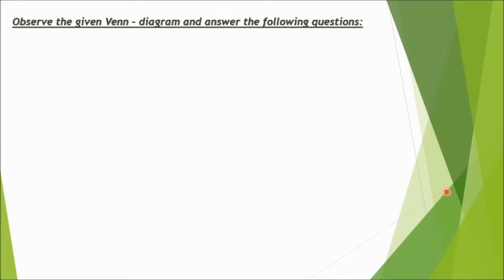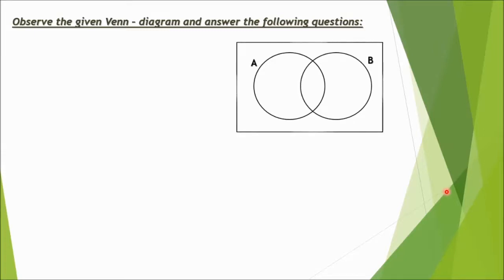Observe the given Venn diagram and answer the following questions. Set A overlapping set B. So A and B are overlapping sets. There is something common between them.